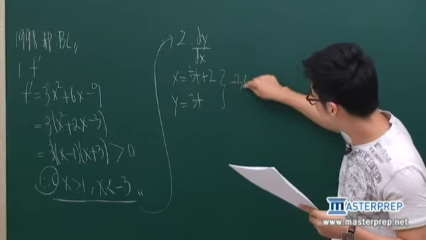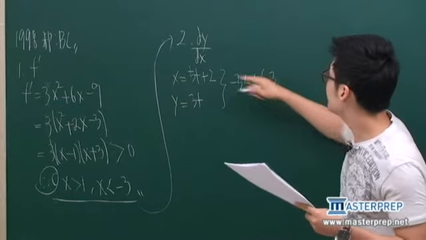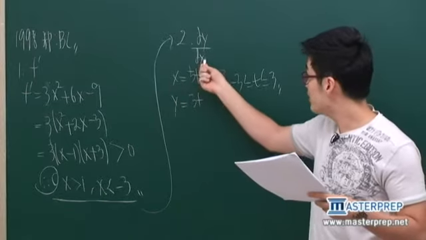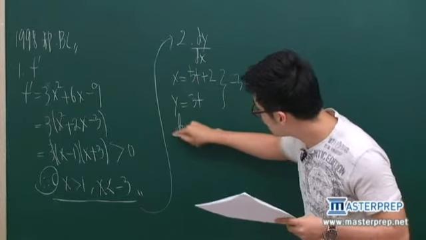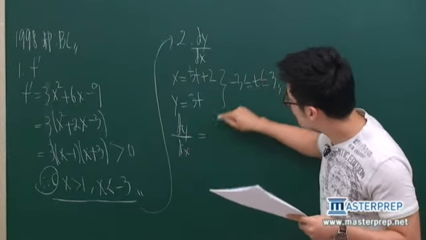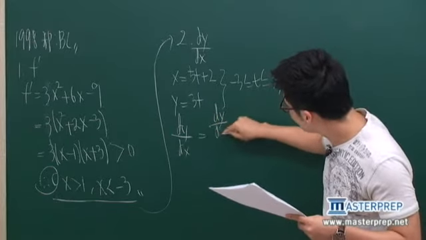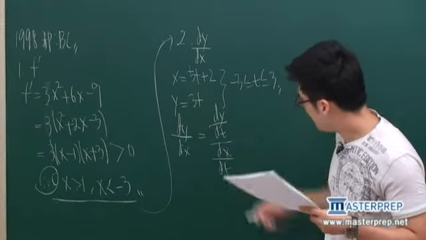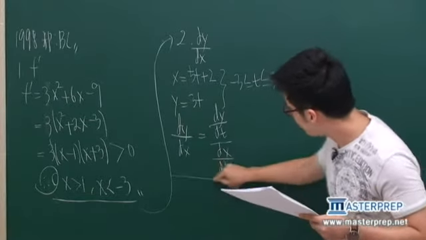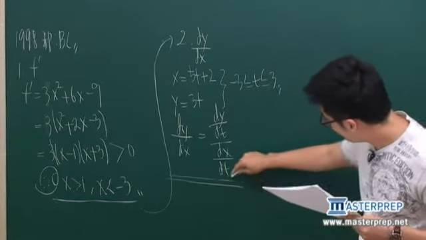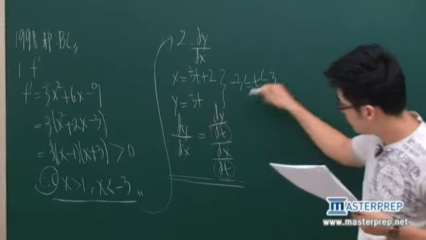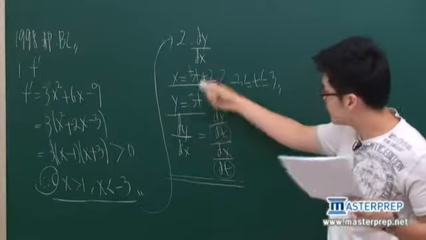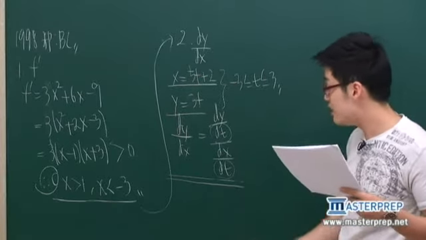Well, dy over dx is equal to dy over dt over dx over dt. Using this property of a common factor and deleting it, we could write x and y in terms of t.